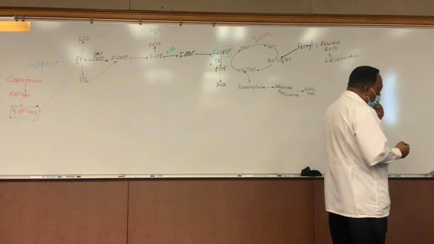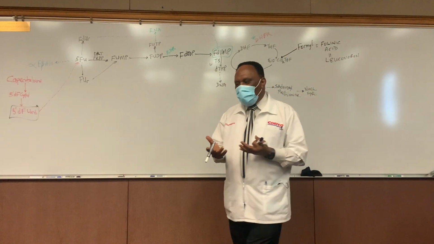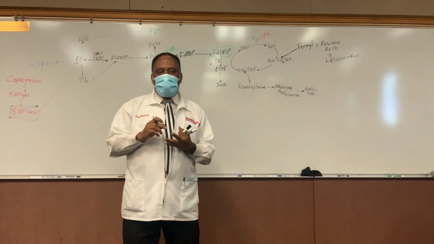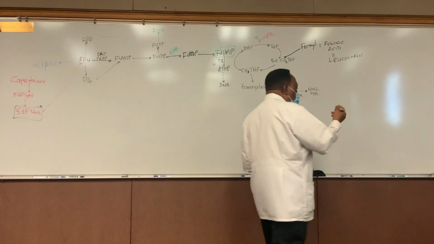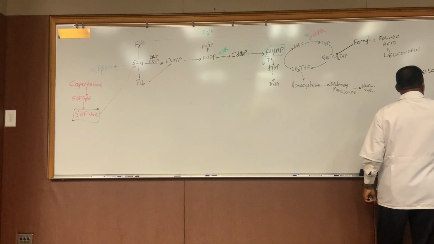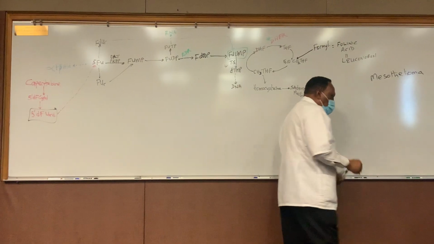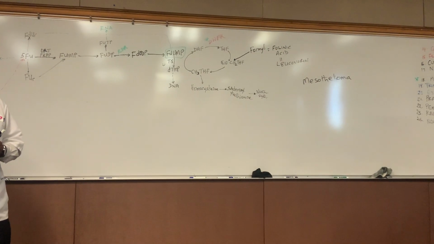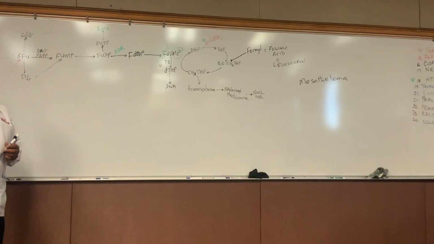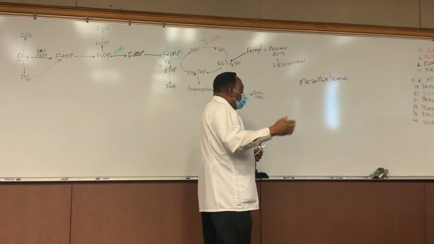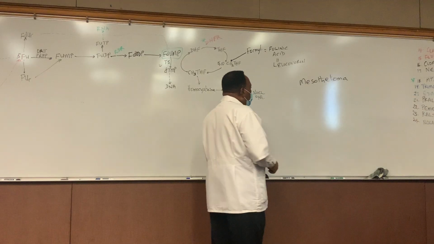So with gemcitabine, what you can use it for, it can be used for pancreatic cancer. It can be used for mesothelioma. Mesothelioma is sometimes called malignant pleural mesothelioma, you know, when it's cancerous.